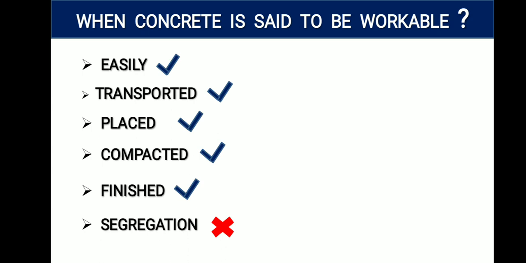So when we combine these words, a simple definition is formed: it is the property of freshly mixed concrete, and the concrete is said to be workable if it is easily transported, placed, compacted and finished without any segregation. Segregation means any of the materials of concrete getting separated.